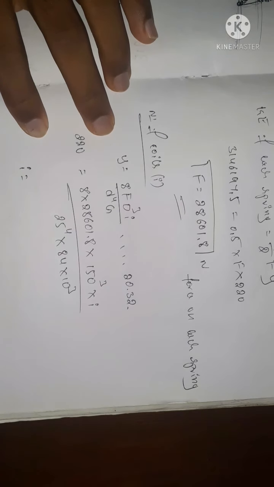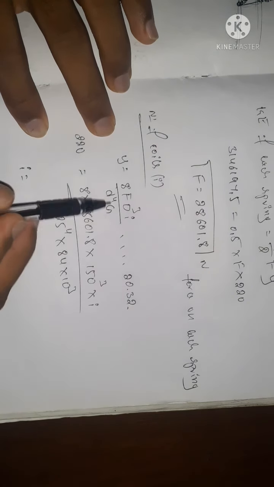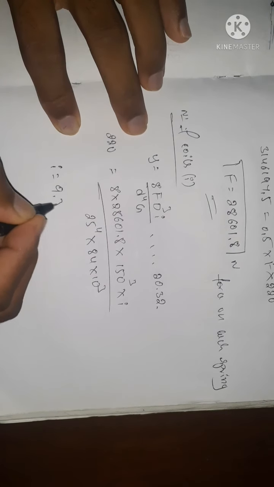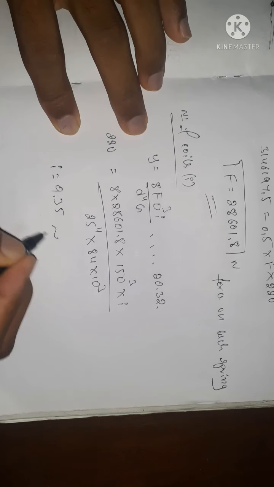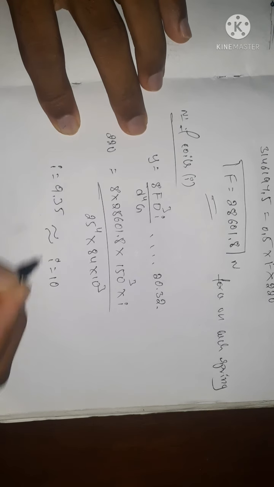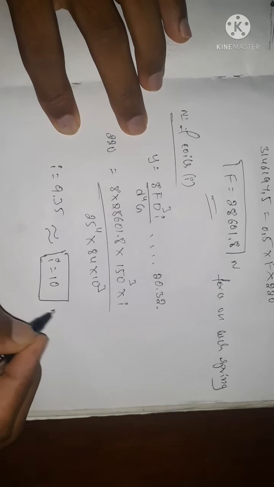Substitute all the data in this formula, where i is equal to 9.35. Approximately i equals 10 numbers, standard value 10 numbers.